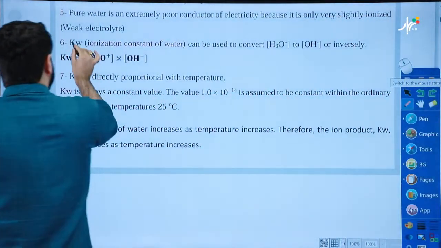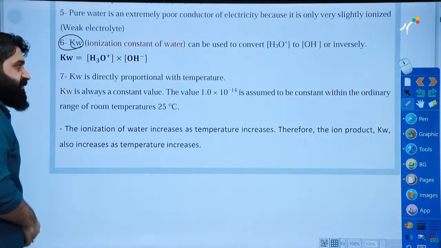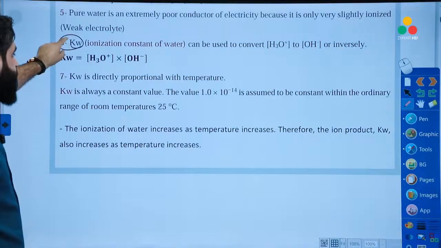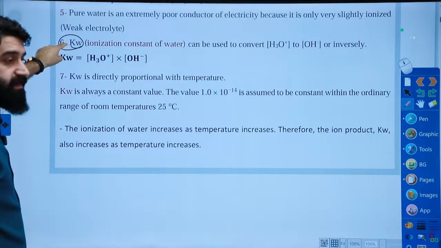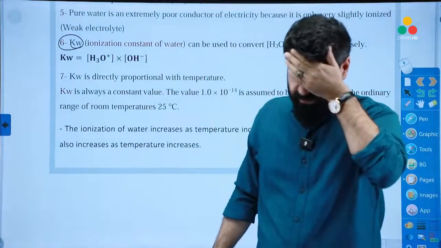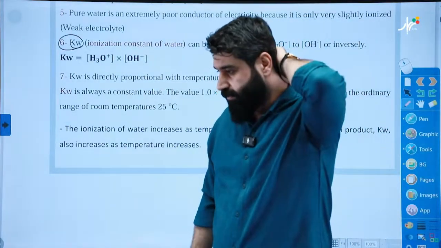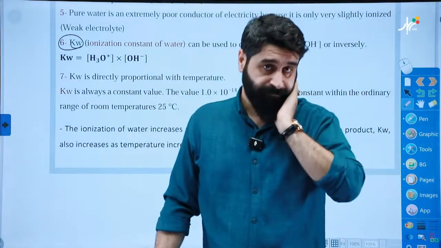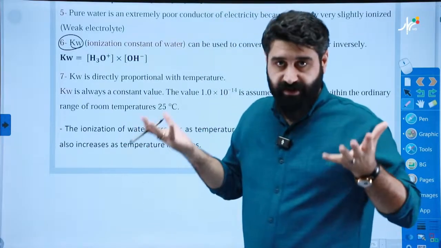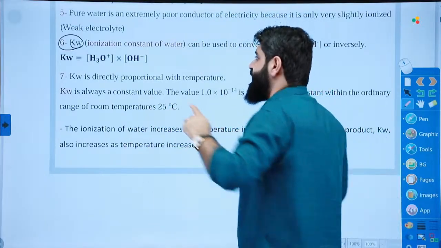Try to highlight this parameter Kw. This is a very important parameter. We will need this extremely in the other calculations about water. So, my dear, Kw. What is Kw?